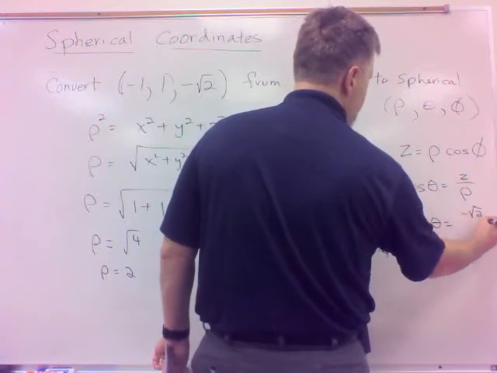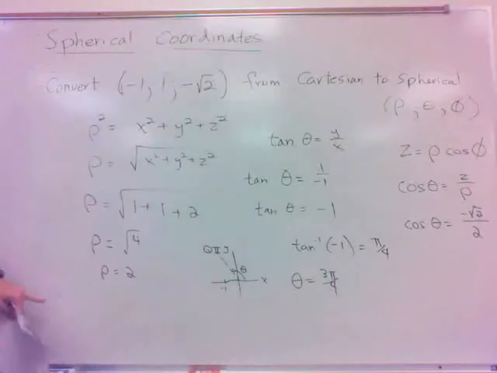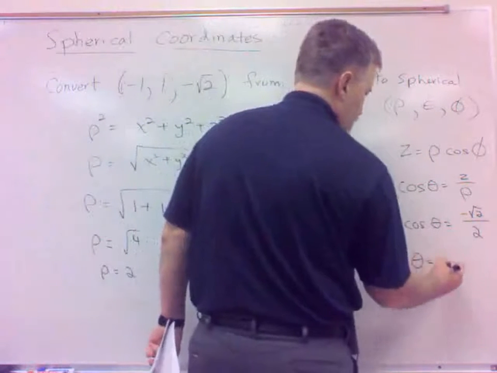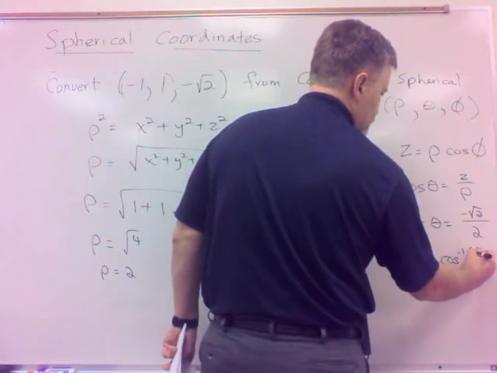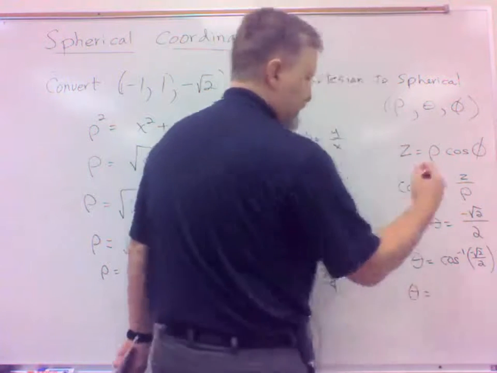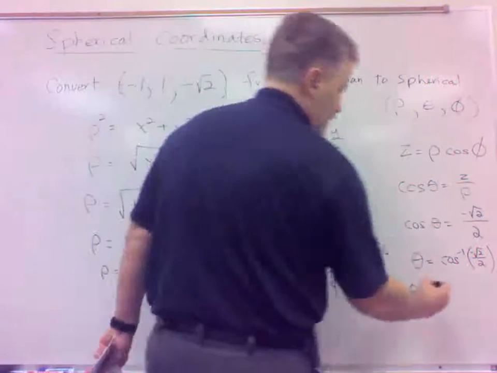We know z is given as negative square root of 2, and rho is +2. So if we do our inverse cosine, because of the restrictions on phi, we can definitely get that.